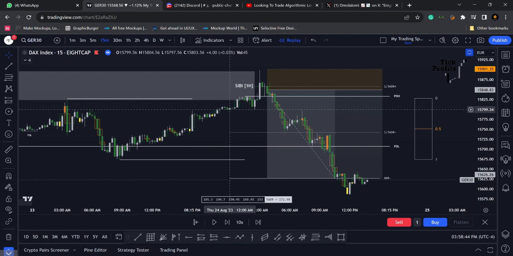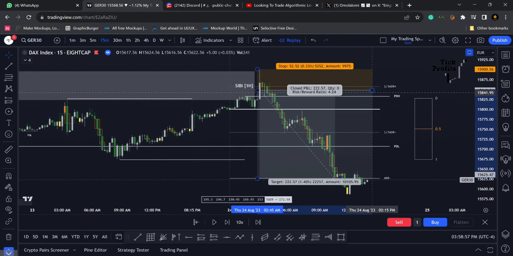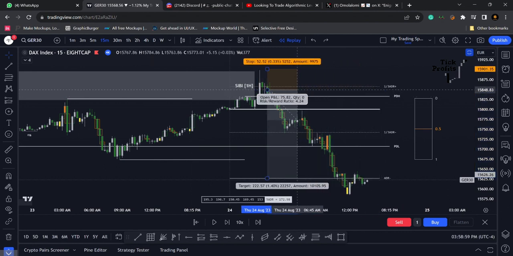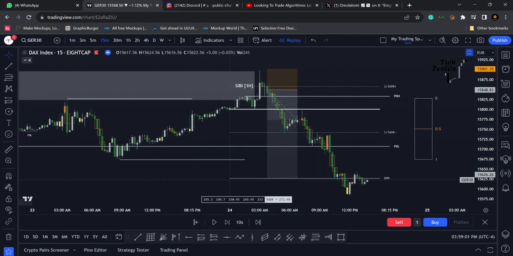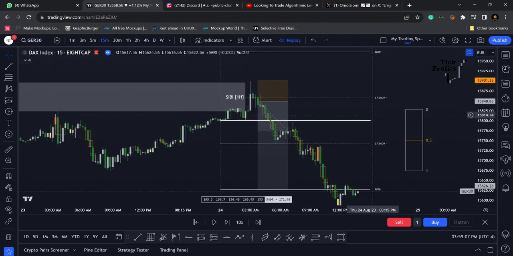So the opening line to get the value for the ADR is a standard deviation from the opening line. You can see that if the opening price for the true day open is here, then the standard deviation from the opening price is this 1/3.